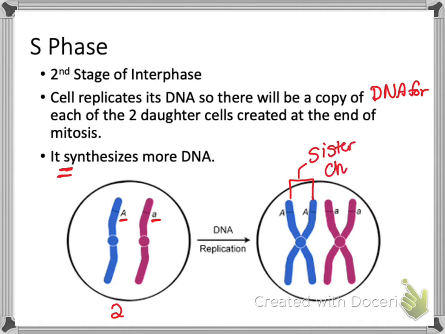A sister chromatid is an identical strand of DNA made through DNA replication. And they are often joined at the center called the centromere. Okay, so sister chromatids are joined at the centromere.